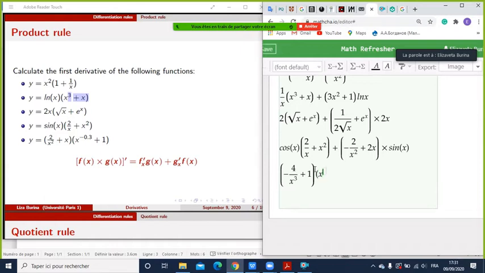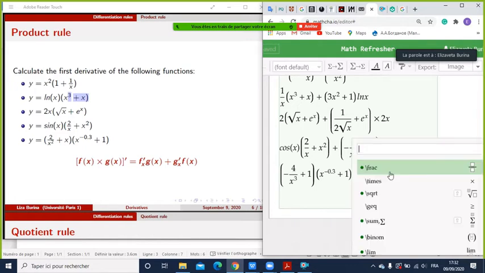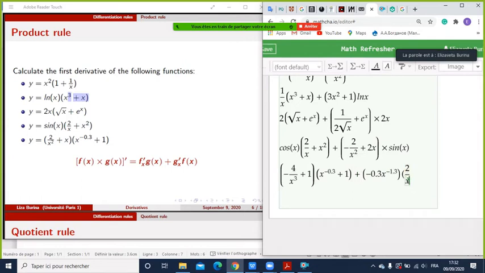Okay, times x to the power of, again, minus 0.3, that I want to keep like that, and I could certainly just write 1 over x to the power of 0.3 plus 1 here, and then plus minus 0.3 x to the power of minus 1.3, and this times, well, the first parenthesis, you got it, 2x squared plus x.